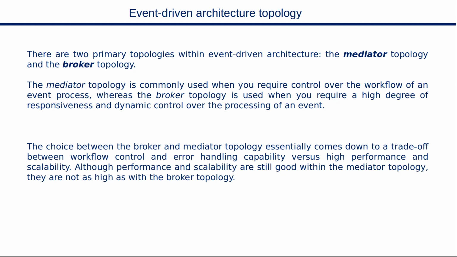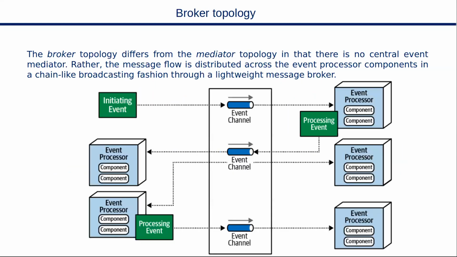Now let's take a look at how the broker topology looks. This is one of the examples. The broker topology differs from the mediator topology in that there is no central event mediator. So in the broker topology, there is no mediator who will mediate all the workflow.